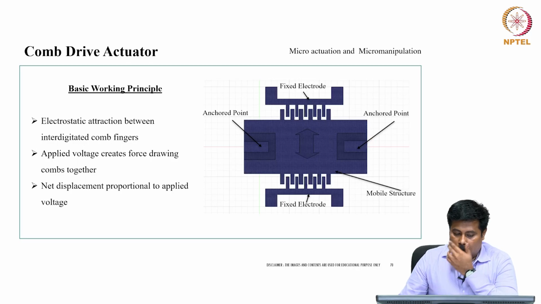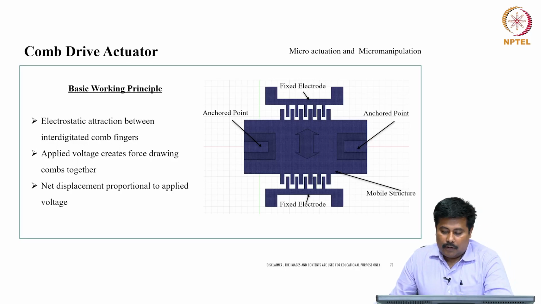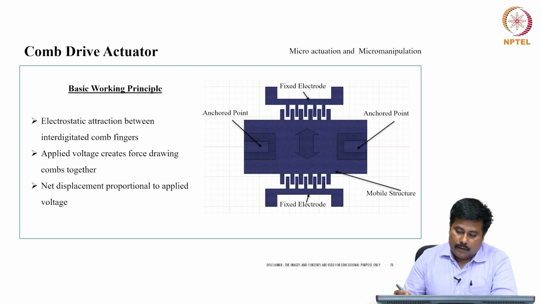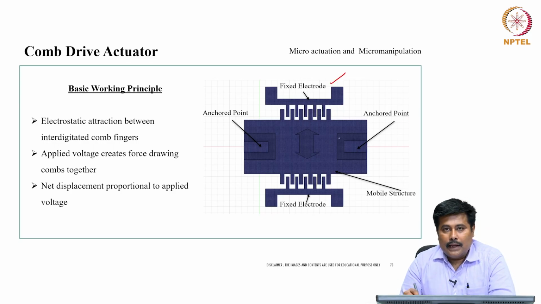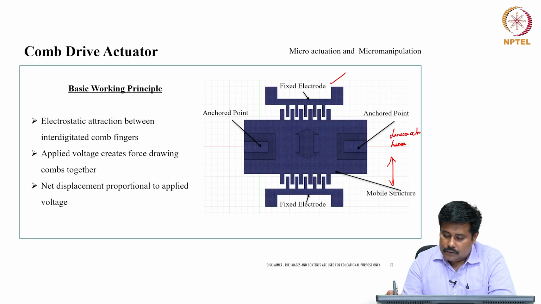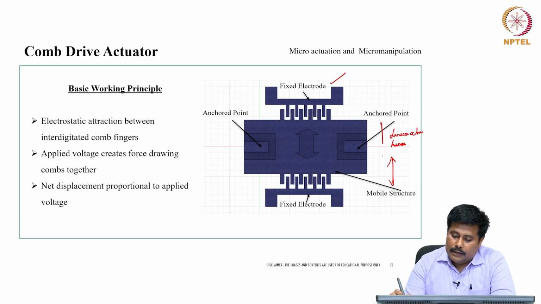Now this is the overall working principle of a comb drive actuator. In this comb drive actuator we have a fixed electrode in place, and there are anchor points, and then there is a mobile structure. These are mainly meant for linear actuation, that is, it can be moved in this direction or in this direction.